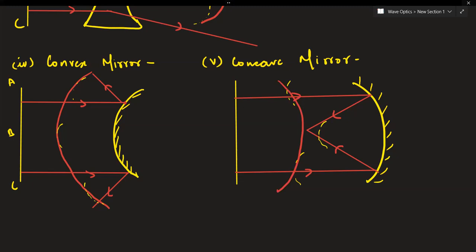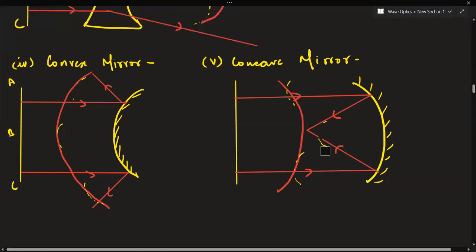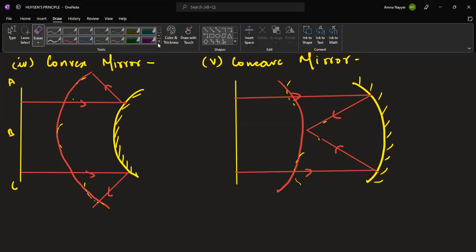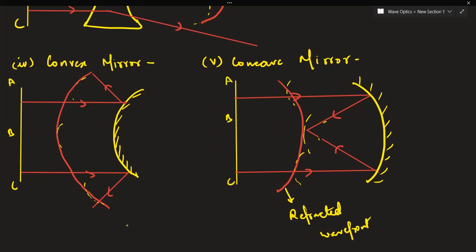So I'll draw it again. So finally, what is this red line representing? This is the refracted wavefront, and this ABC is the incident wavefront.